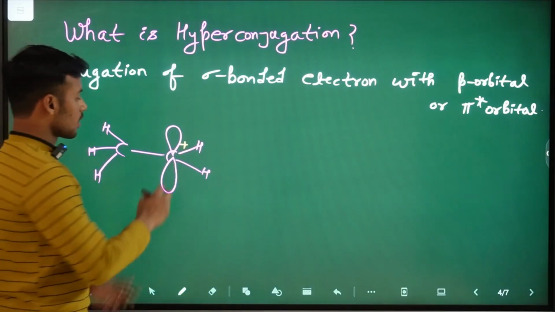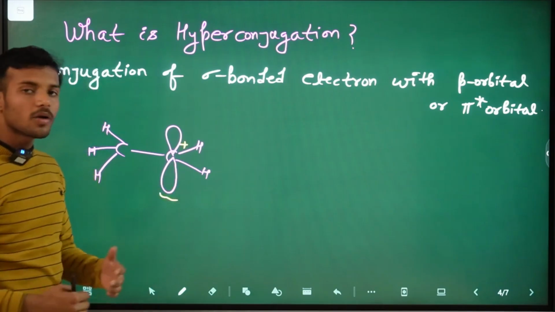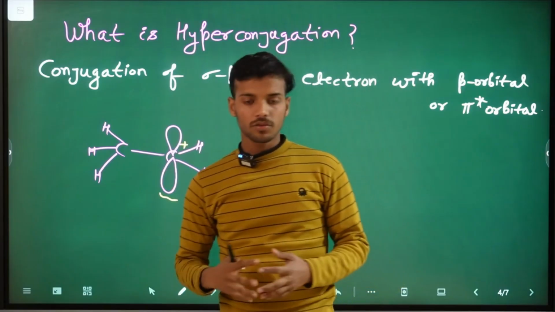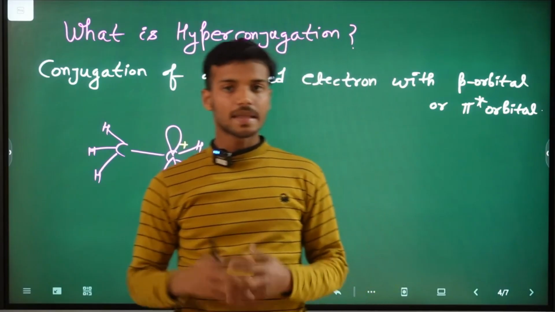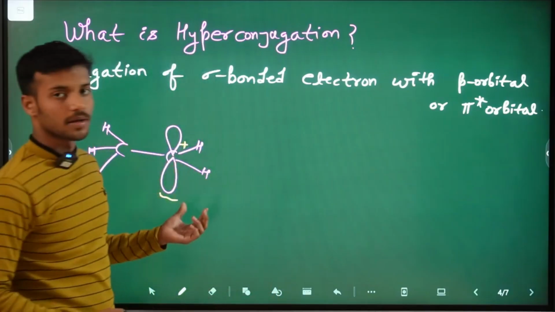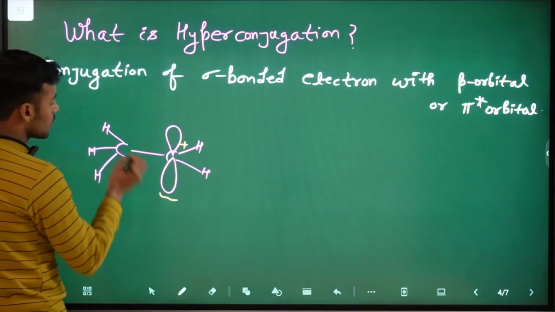This is an empty p orbital. Carbocation is an electron deficient species, so it needs electron density to gain stability. So what will it do?